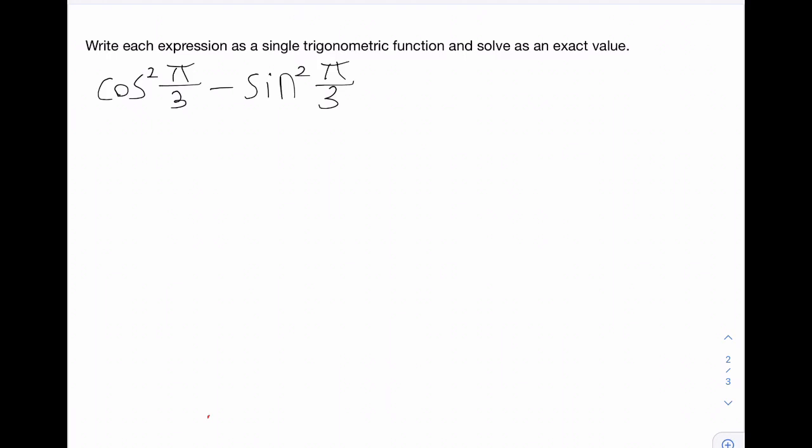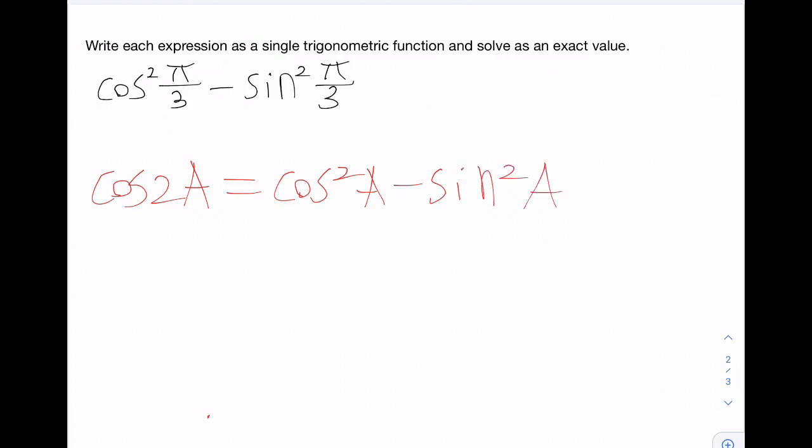Alright guys, here we have another expression, cos squared pi over 3 minus sine squared pi over 3. So in order to change this into a single trigonometric function, we have to use the double angle identity. So we have to say cos 2A will equal cos squared of A minus sine squared of A. This guy right here and this guy right here have the same formatting.